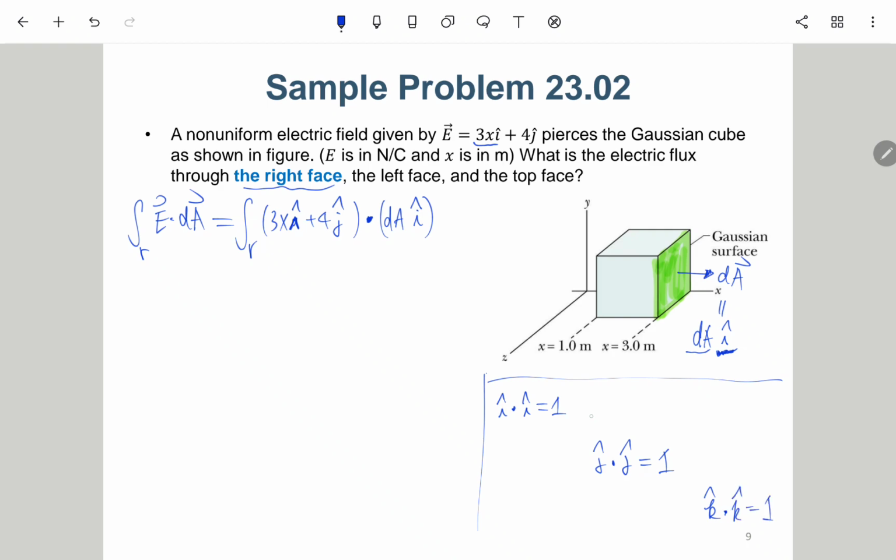And for any other combination, i dot j, i dot k, j dot i, j dot k, k dot i, k dot j, all of the others will be 0.